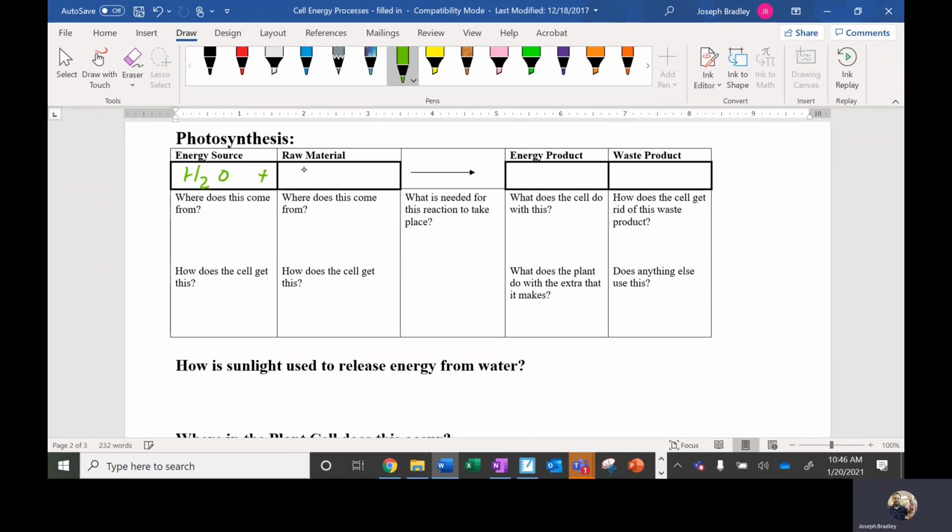Our raw material is going to be CO2. And then our products over here, your energy product is glucose, and your waste product is going to be oxygen. And again, the key thing here is that this is going to require sunlight.